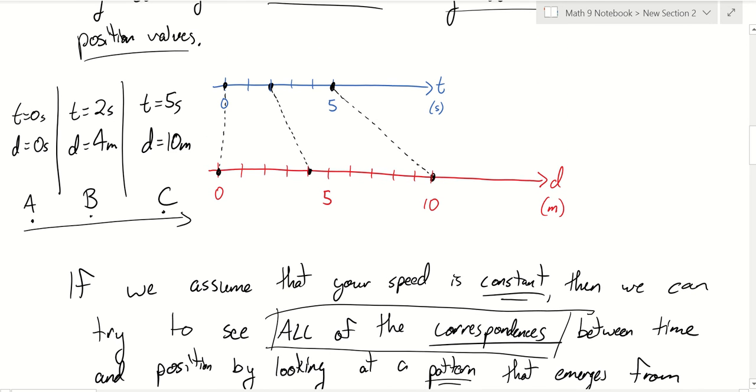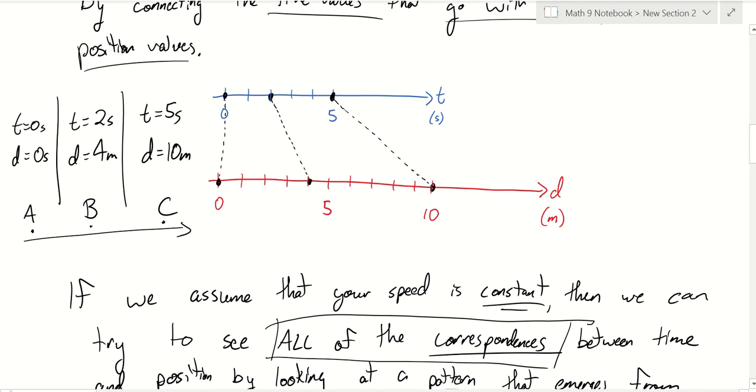That's the pattern. So we could draw some more correspondences here, right? If this is true, if the distance is always double the time value, then when the time value is 1, the distance will be double that. It should be 2. And let's connect those 2 points. They correspond. If the time is 3, then the distance should be double this value of 3. It should be 6.